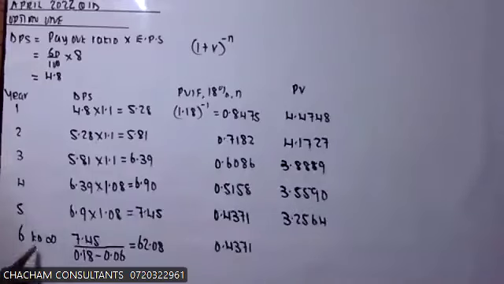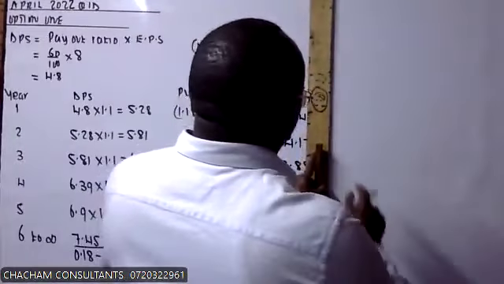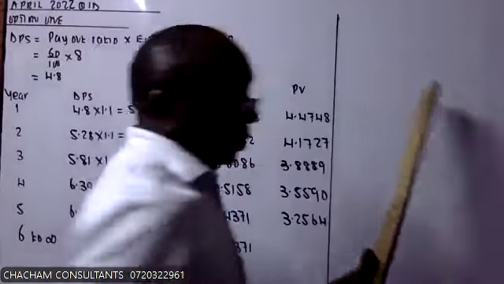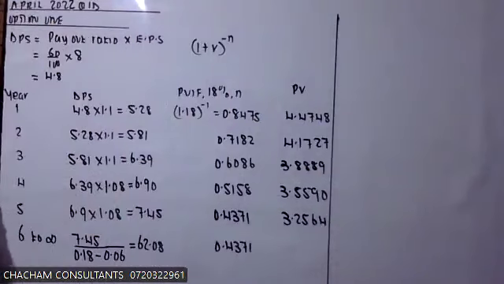So this one, although we said it is year 6, it is discounted by year 5. I'm waiting for the value. $27.1352.